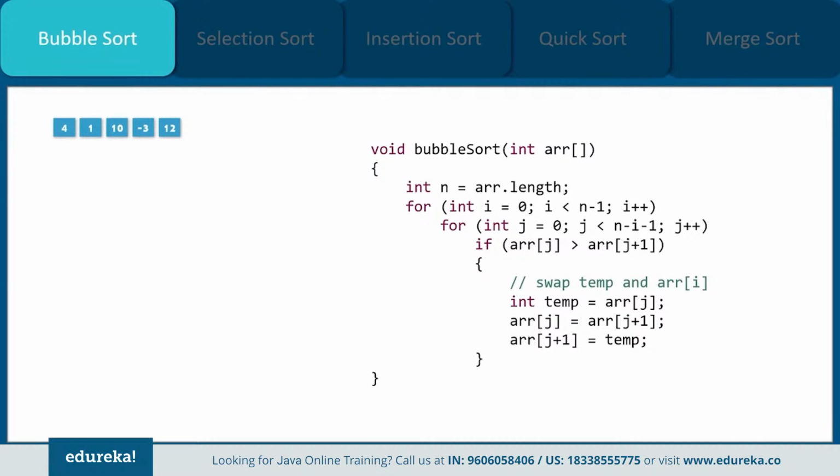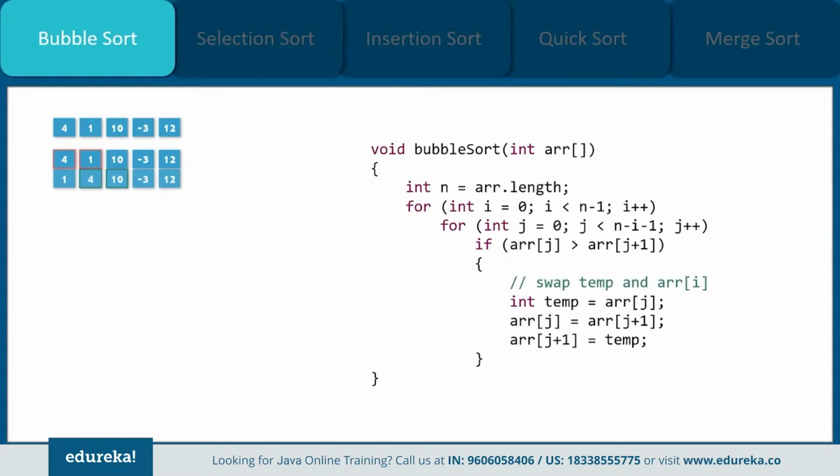So what will bubble sort do? We'll start one of the iterations, consider the ith iteration. We'll start from the 0th index and compare index 0 with index 0 plus 1, that is 4 and 1. When we compare, we find that 4 is greater than 1, so we swap the elements.